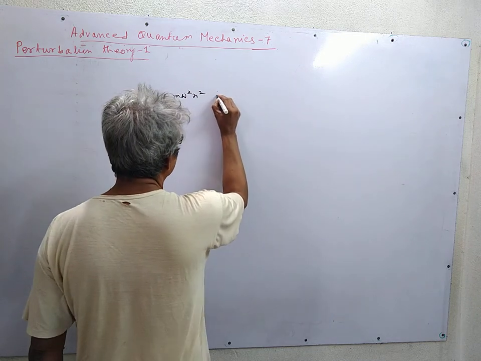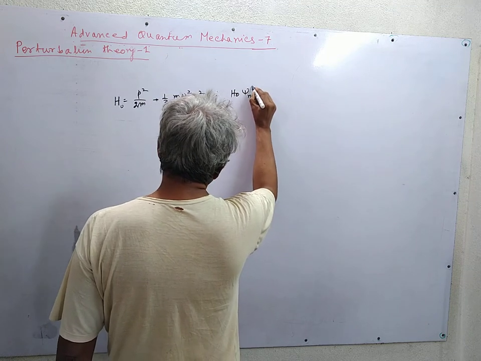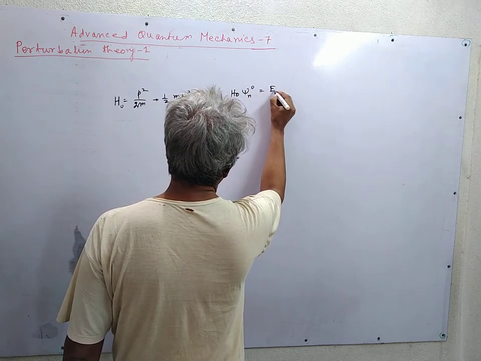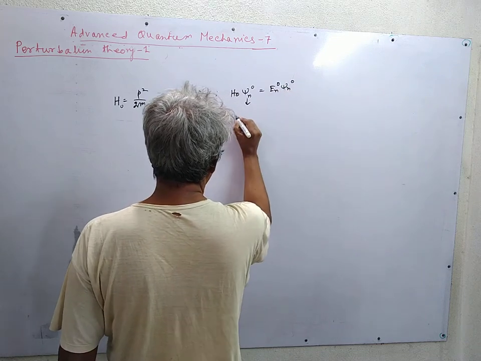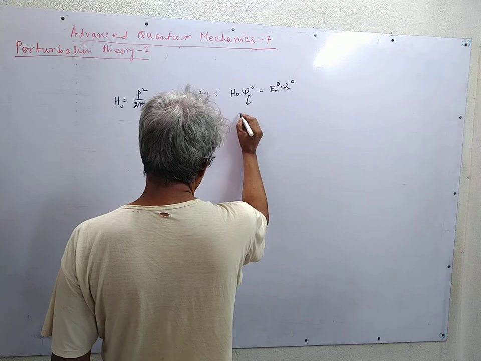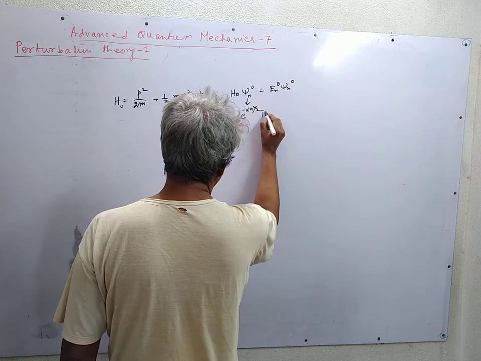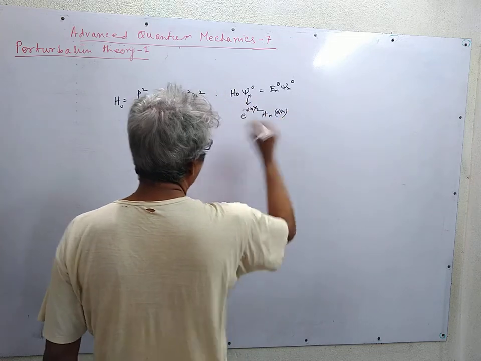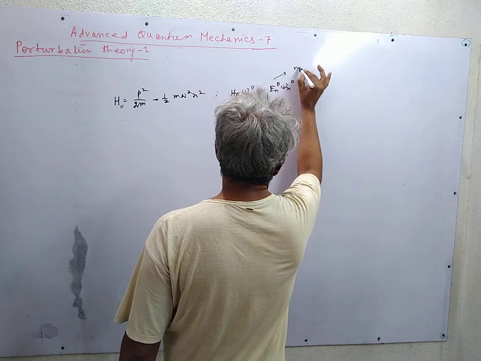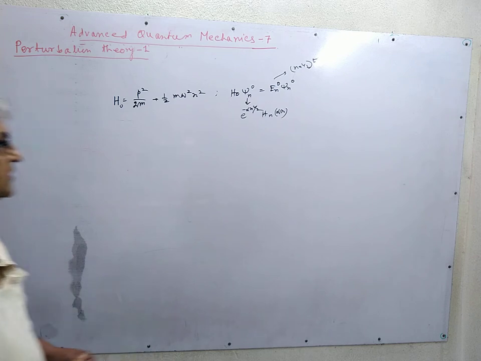That is, H0 operating on psi n0 is En0 psi n0, where the wave functions are related to Hermite polynomials, e to the power minus alpha x square by 2 times Hn of alpha x, and En is n plus half h cross omega. So the system is exactly solvable, and we know this.